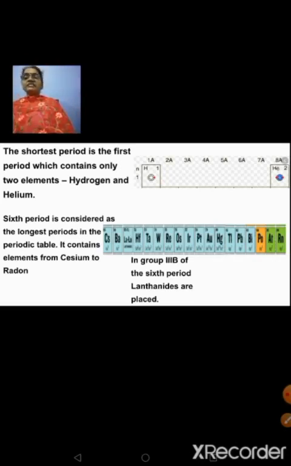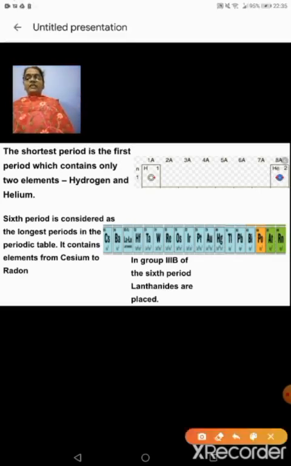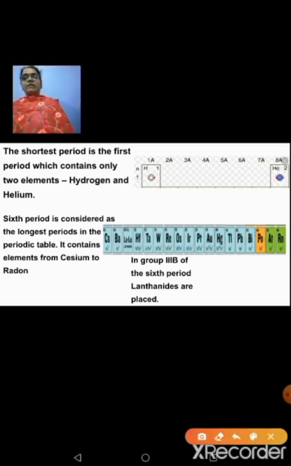You know, in the 6th period only you have the lanthanides, right? When we were doing this lesson, I told you the lanthanide series and actinide series are placed separately at the bottom of the periodic table. The lanthanide series atomic numbers begin with 57 and end with 71.